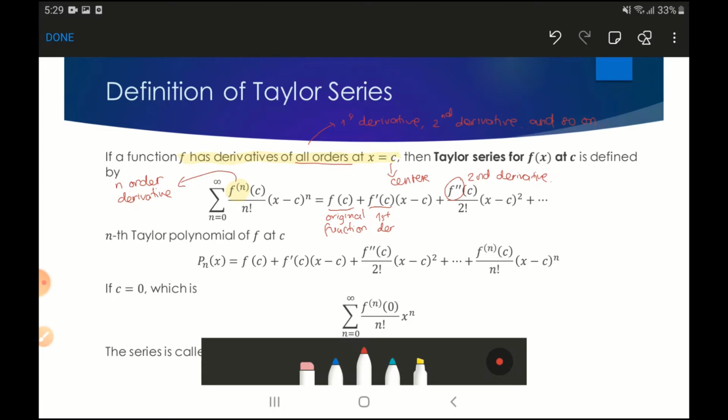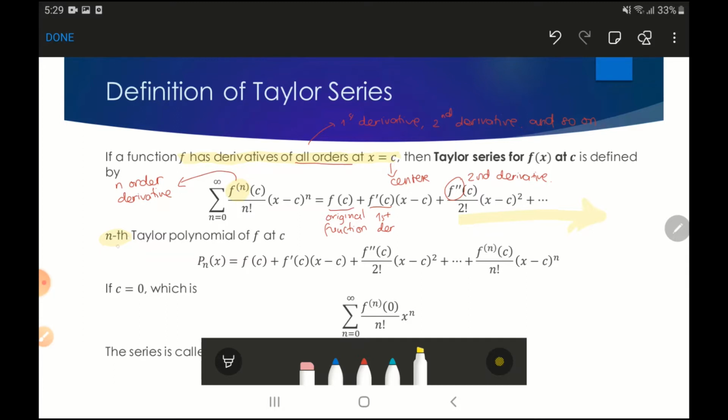However, it is quite impossible to calculate this summation all the way to infinity. So usually we approximate the value of the function using the nth Taylor polynomial. We make the Taylor series, but we stop at some n.